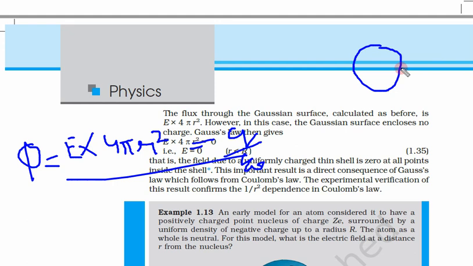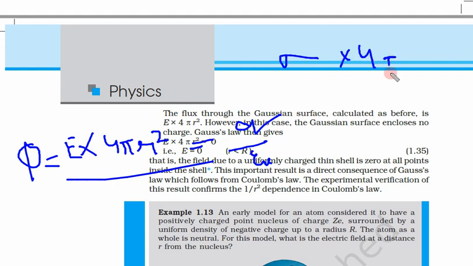If there is any field, it must be radially outward or radially inward, depending on whether the charge is positive or negative. Now, what is Q upon epsilon naught? It is sigma into 4 pi capital R square.